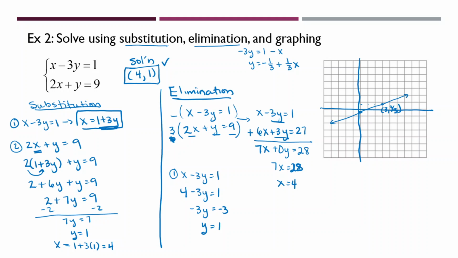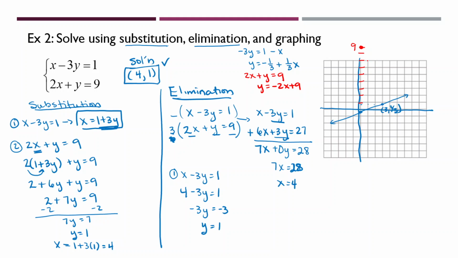Okay, the other equation, 2x plus y equals 9, becomes y equals negative 2x plus 9. So I have to go up to 1, 2, 3, 4, 5, 6, 7, 8, 9.